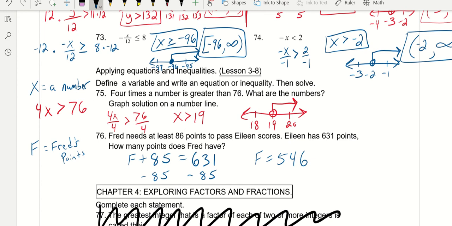Subtract 5 and you get 626. Subtract 80 from 626 and you get 546. Yeah, I like it. Fred has 546 points. There you go.